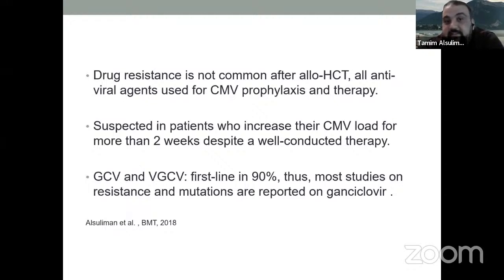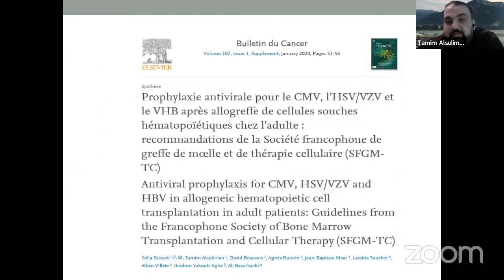Drug resistance is not so common after allo, but we must suspect it in patients whose CMV load increases for more than 2 weeks despite a well-conducted therapy, and we must highlight the well-conducted therapy here. GCV and VGCV are the first line in 90% of the centers that we know, so most studies about resistance are about these two drugs.